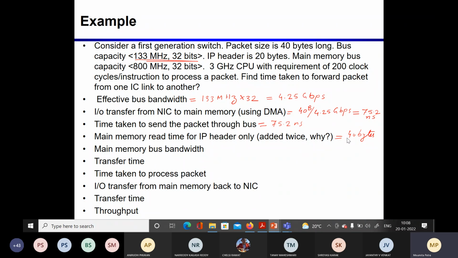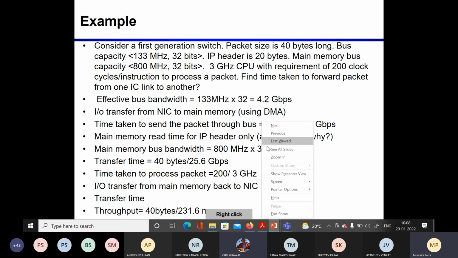Okay, let me just do it in this way. So main memory read time, we have 40 bytes of data now. So what is the main memory bus capacity? Bus capacity is 800 megahertz, 32 bits. So now how much is the value? 25.6 gigabits per second. Okay, how did you find this out? 800 megahertz into 32 bits.